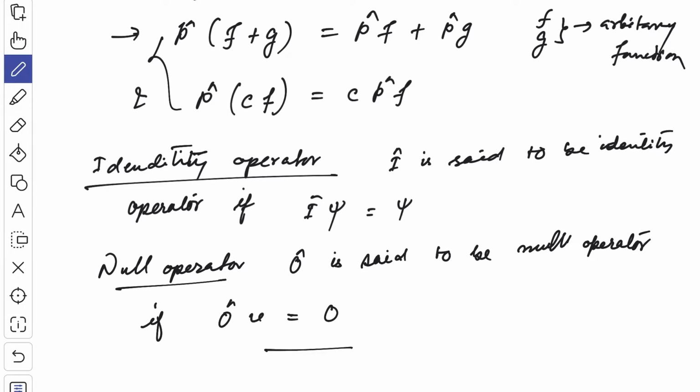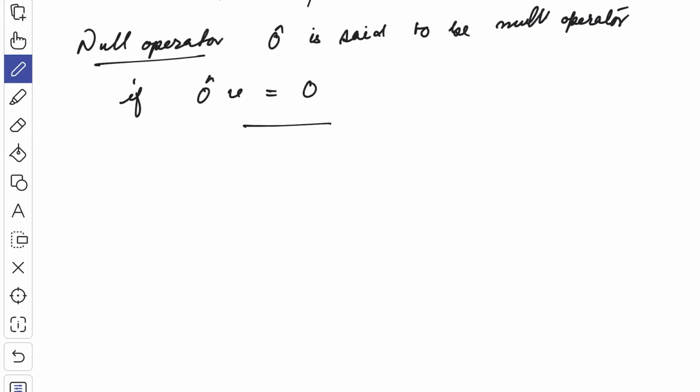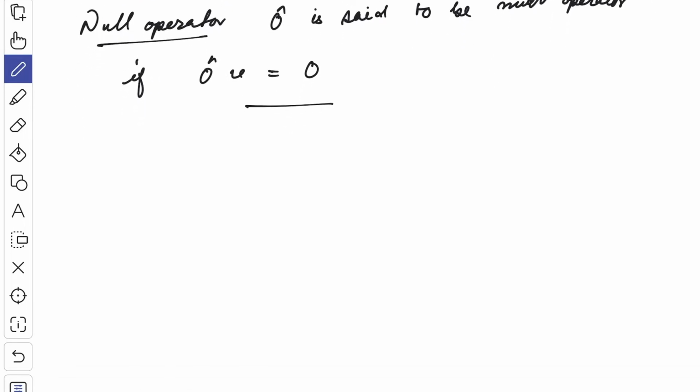Now let me tell you one more important thing about operators. Suppose you have any operator a cap, and a cap square means this operator a cap operating on a function twice. Suppose we take the second order derivative with respect to x of a function, let me take x cube.